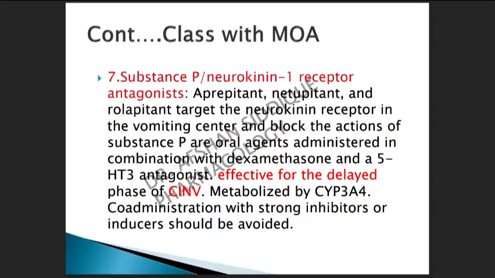Usually these are considered effective for the control of delayed CINV. They are specifically metabolized by the cytochrome P3A4 system.